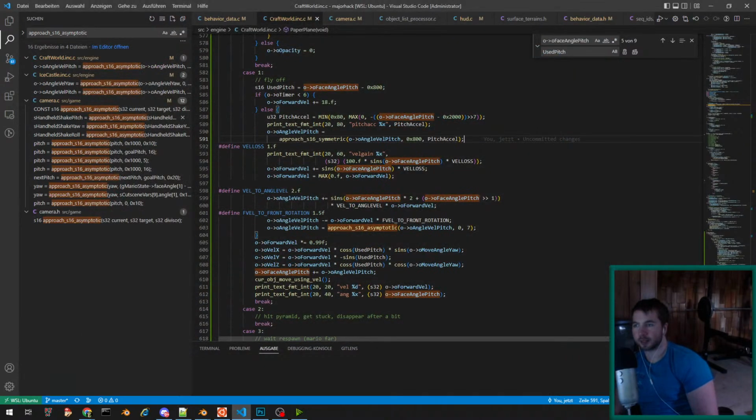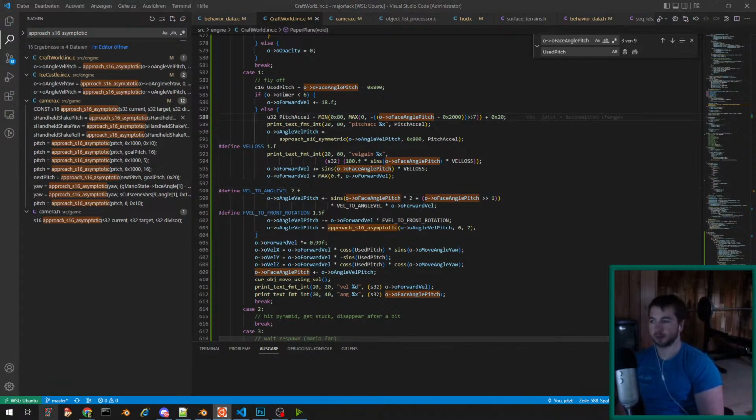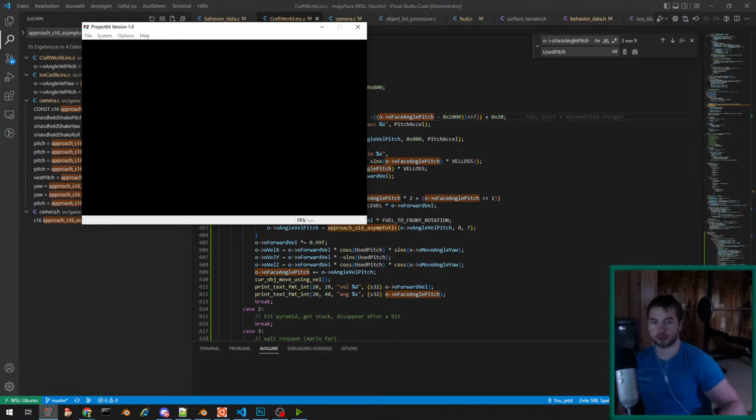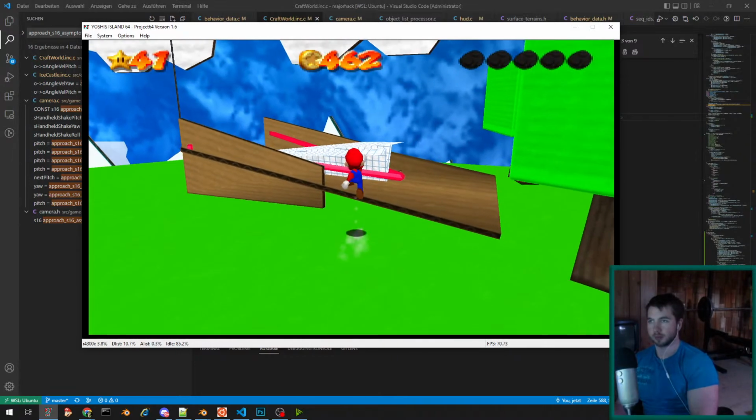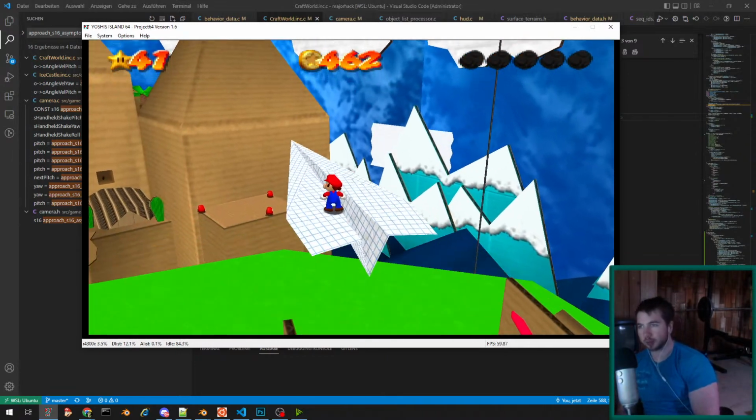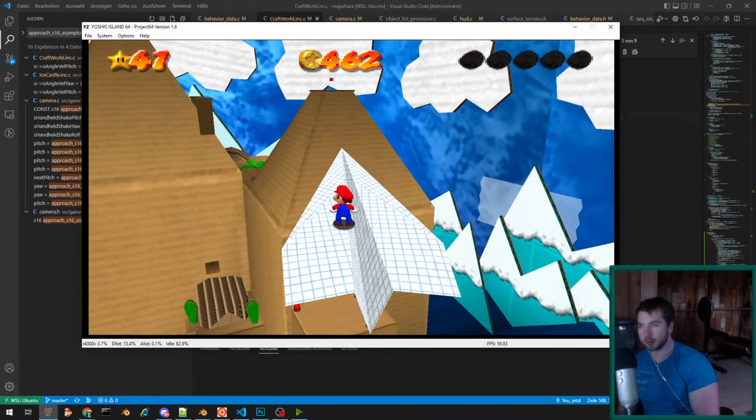Something just stabilizes at some point, and then that happens. The 0x20 is kind of just a bullshit force coming out of nowhere.